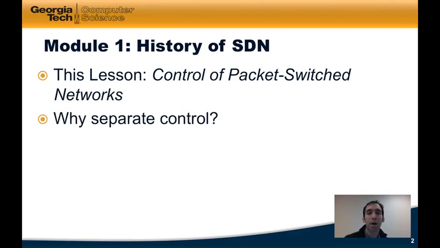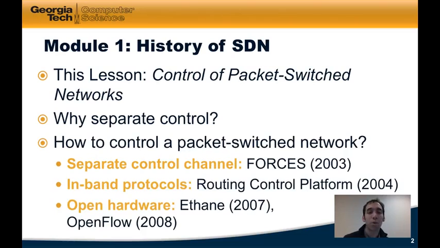I'll begin by reminding us why separating network control from the data plane is a good idea, and then we'll look at different ways that have been developed to control packet switch networks. We'll start by looking at the Forces protocol, which was developed in the Internet Engineering Task Force, which effectively defined a custom separate control channel to control switches or forwarding elements.